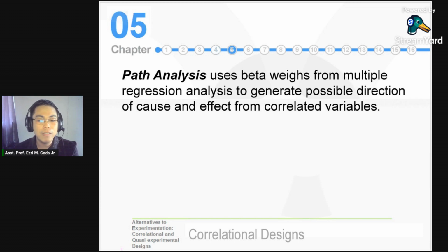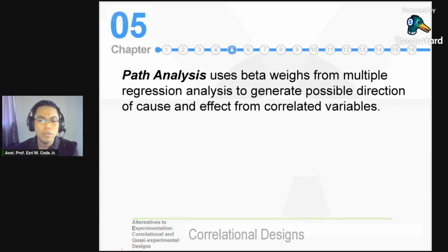Now, path analysis can be used to analyze models that are more complex and realistic than multiple regression. So, kapag mas marami yung ating variables, at saka mas realistic siya. Kasi we have multiple regression naman for us to analyze, ano ba yung relationship ng mga variables na ito? Ang dami masyado.